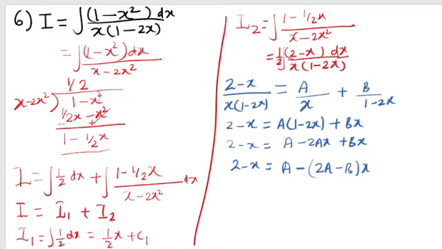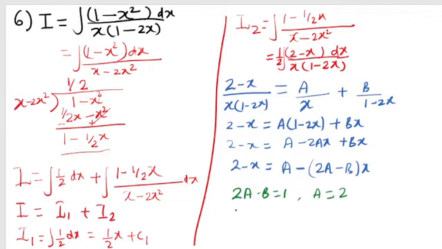The coefficient of x on the right side is 2a minus b, both are minus so the minus gets cancelled out, so 2a minus b is equal to 1. And the constant term, if you see directly, is equal to 2.